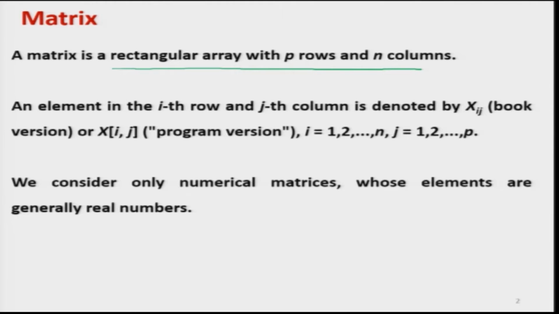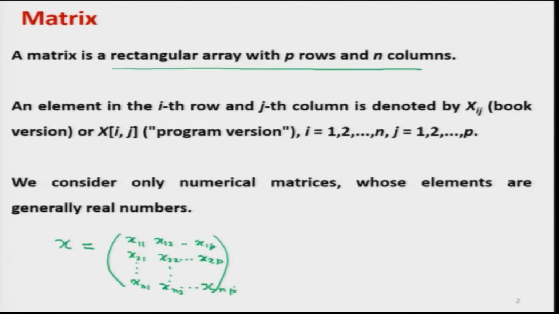For example, I can always write a matrix like X equal to, that is the standard notation, x11, x12, up to x1p, and x21, x22, up to x2p, and then xn1, xn2, and xnp. Right.